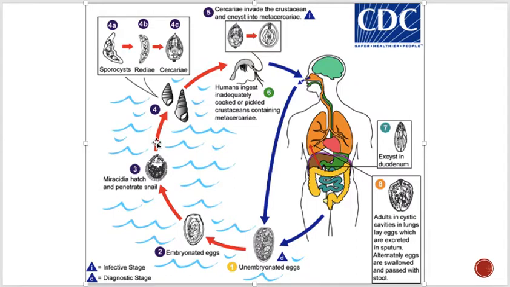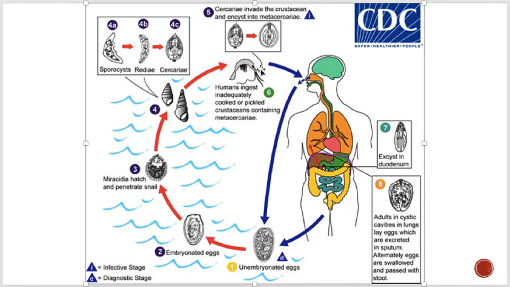So see what's going on in the snail. It takes a lot of weeks, and you see sporocyst and all these things, and these will be released as cercariae. Okay, so when the cercariae are released, they will again be in the fresh water. They are going to infect the crabs or the crayfish.